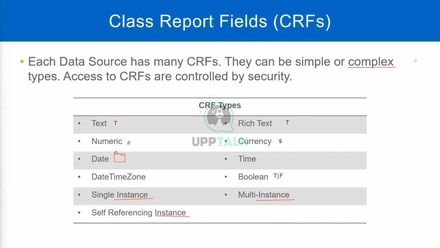So the possibilities are endless. You may have no dependents, one dependent, or multiple dependents. So that is an example of a multi-instance field.